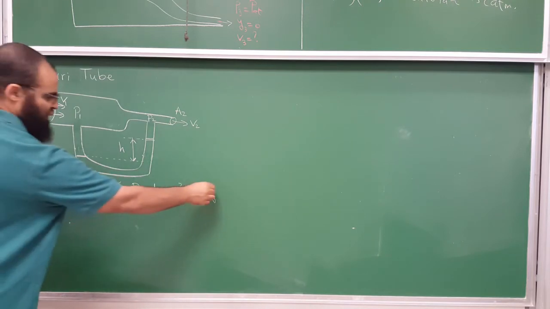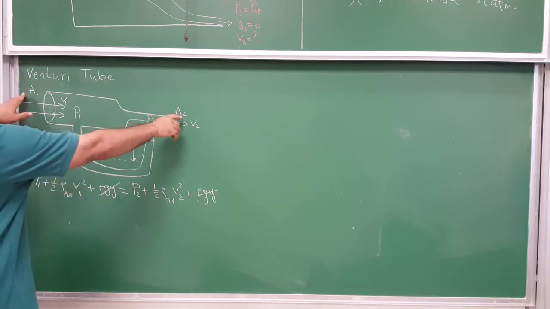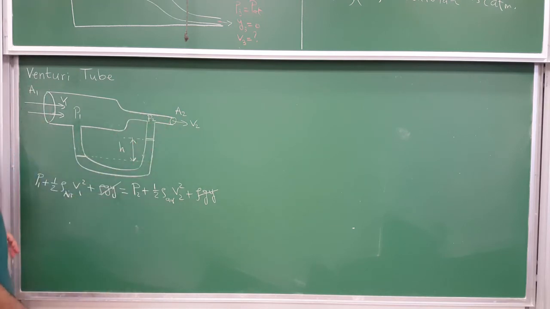So this simply goes away, and here pressure 2 and pressure 1 are related to each other. And since you know the area of this tube, area 1, you can also find the relationship between the speeds. So this is the first equation.